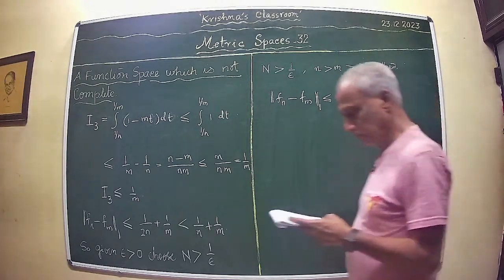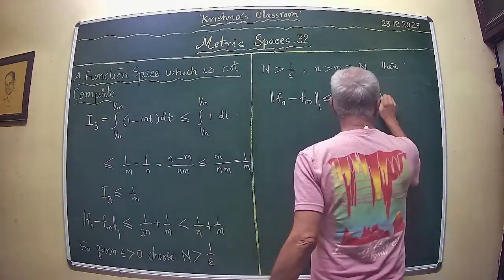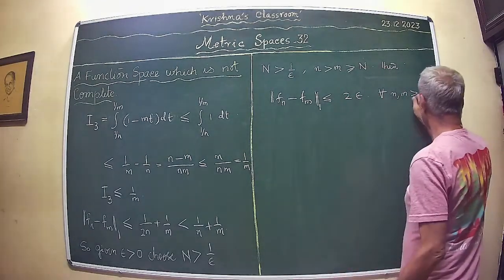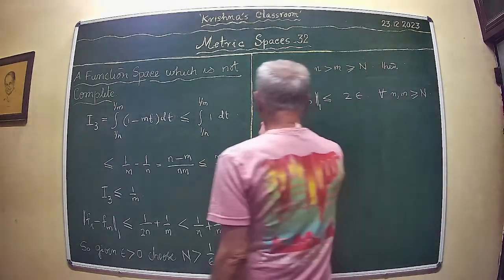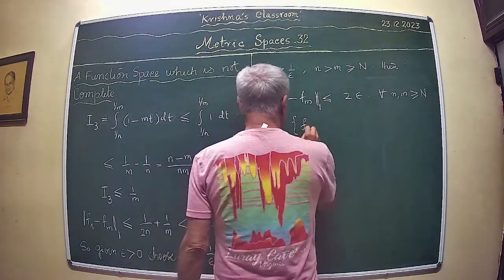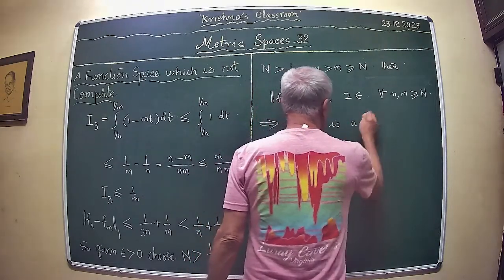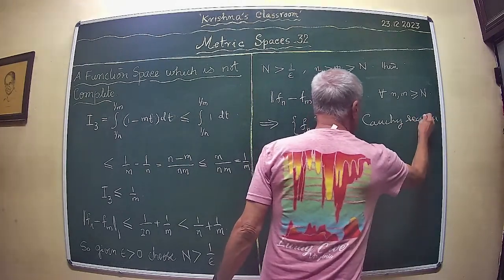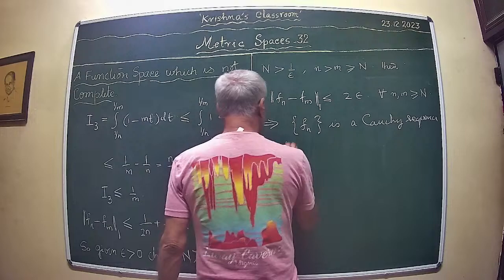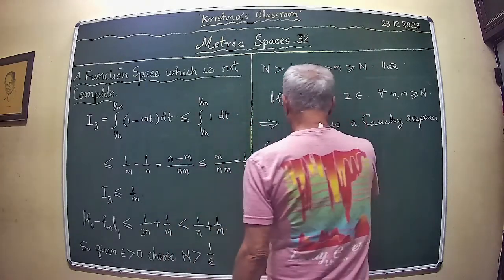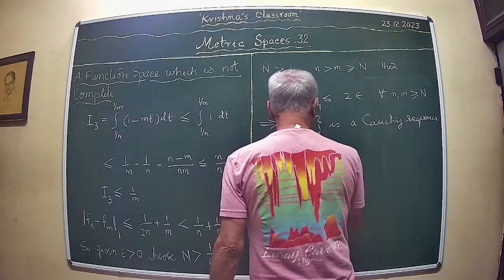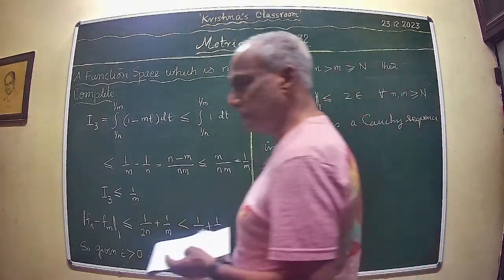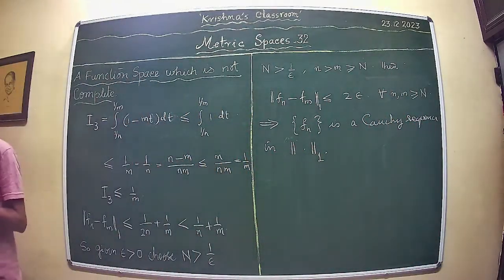Okay, this is true for every n, m greater than or equal to N. That implies, so we have proved that the sequence that we have chosen is a Cauchy sequence.